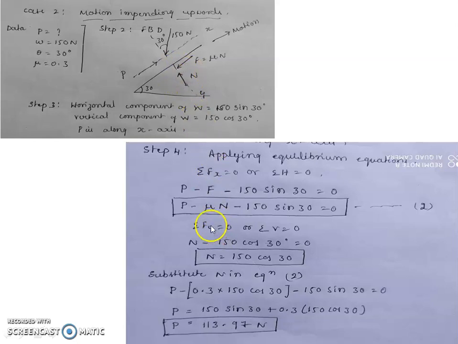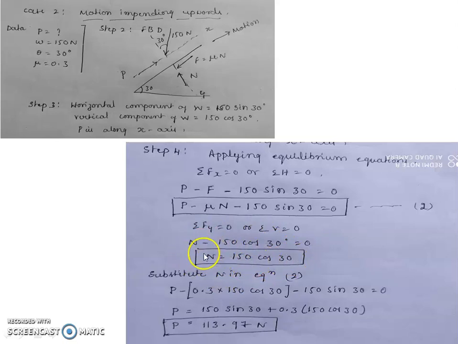Hence it is positive N. Then one more force is acting, this is the weight component of the block. If we resolve into vertical component or y direction, then it will become 150 cos 30, and it is acting downwards. So it is minus 150 cos 30 is equal to 0. Then N becomes 150 cos 30.